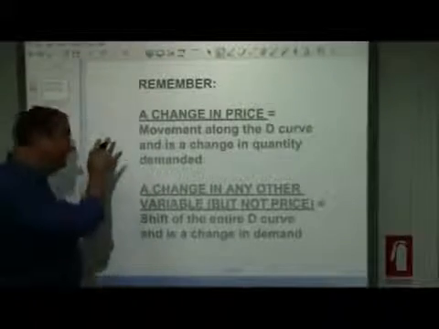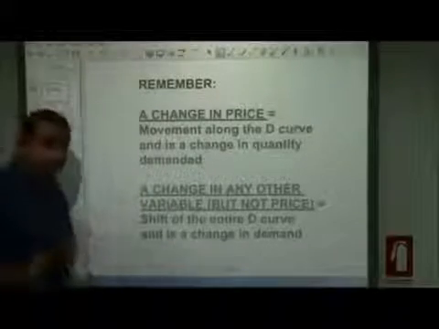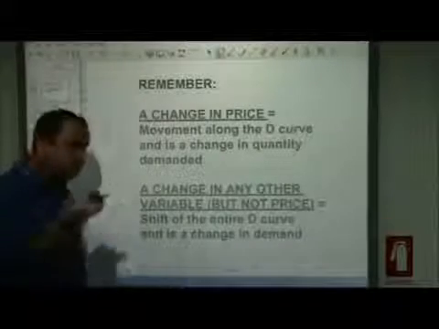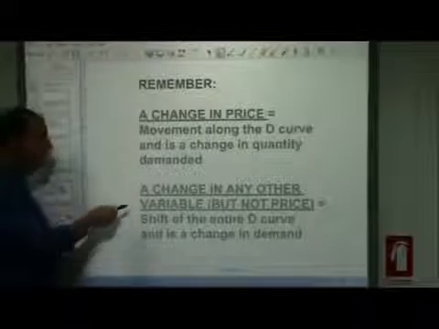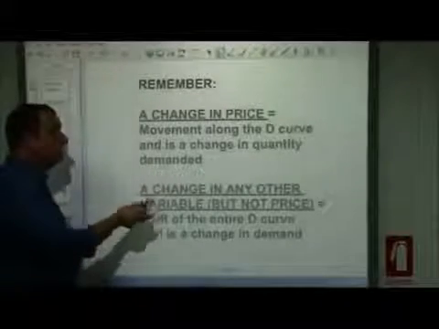And note that that's different to when there is a change in any other variable but not price. Any other variable like income levels, size of population, price of another good, marketing, whatever. Then we shift the entire D curve and we say it is a change in demand.